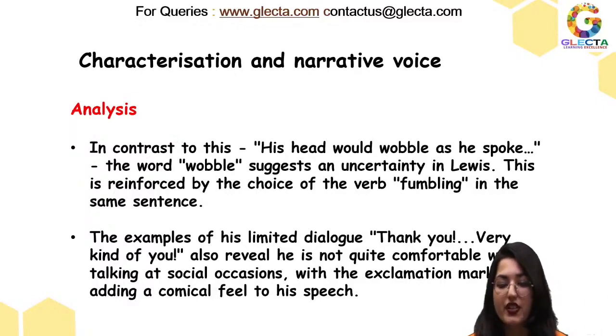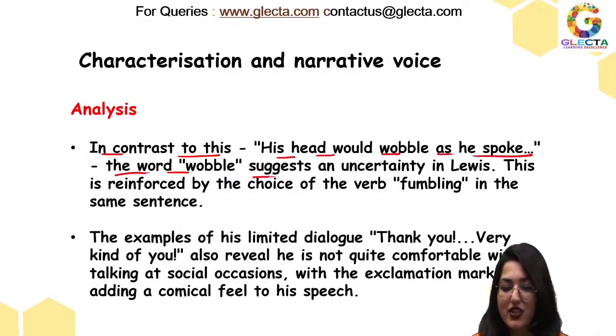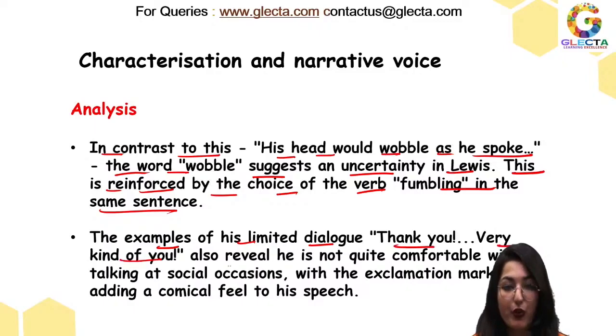Next analysis of this extract. In contrast to this, his head would wobble as he spoke. The word wobble suggests an uncertainty in Lewis. This is reinforced by the choice of the verb fumbling in the same sentence. The examples of his limited dialogue, thank you, very kind of you, also reveal he is not quite comfortable talking at social occasions, with the exclamation marks adding a comical feel to his speech.